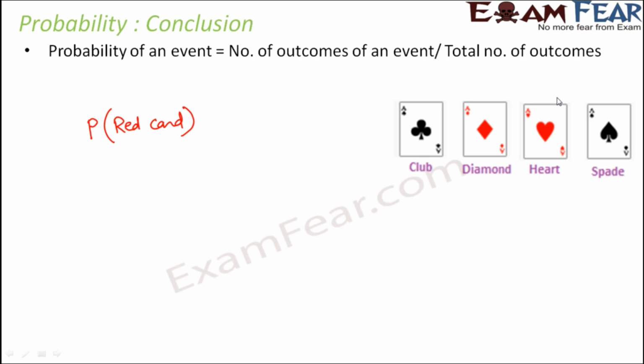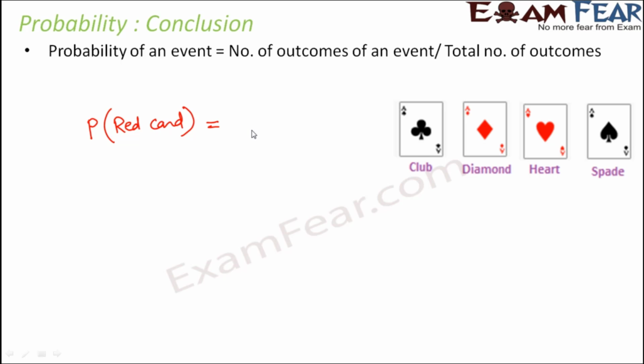So if we ask you what is the possibility to get a red card, here we are not even bothered whether that red card is a diamond or a heart, or whether that red card is a king or a queen or a jack or a 5 or a 6 or a 9. So we are not bothered about the numbers on the card. We are not even bothered whether it is a diamond or a heart. We only want to know what is the probability of getting a red card.